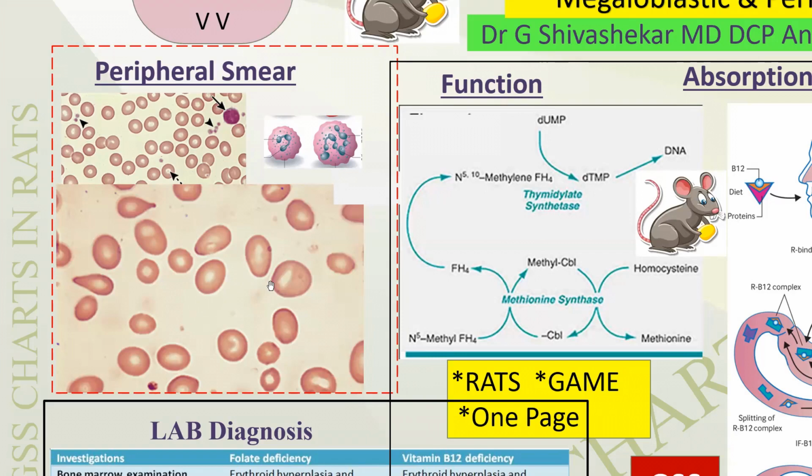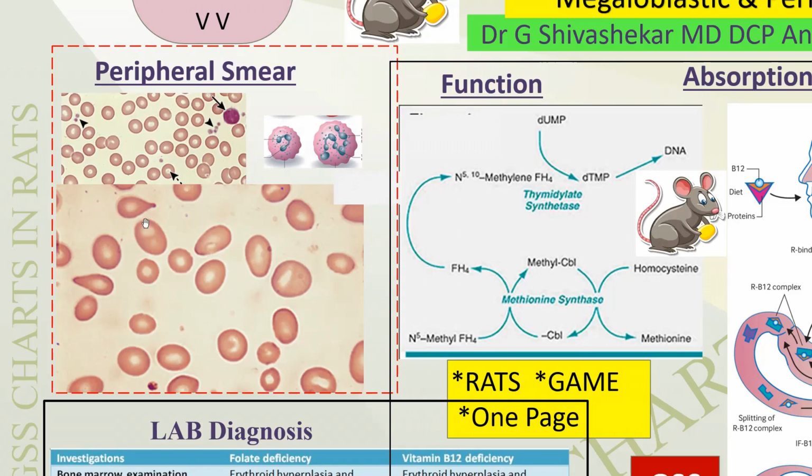They are not only large, but they are varying in size and shape. We call it anisopoikilocytosis. One of the characteristic features of a megaloblastic anemia will be ovalocytes. We call them macroovalocytes because the cells are enlarged and also oval in shape.